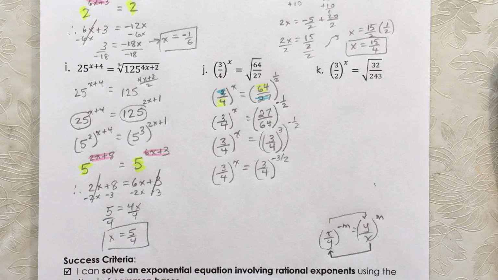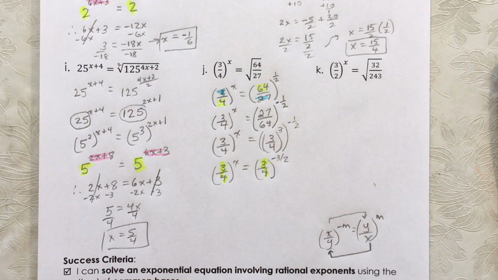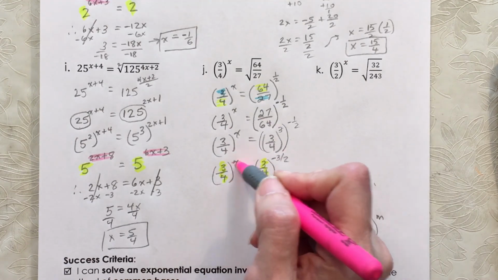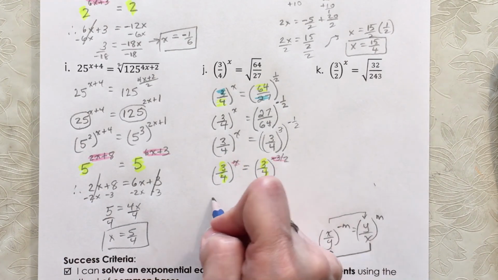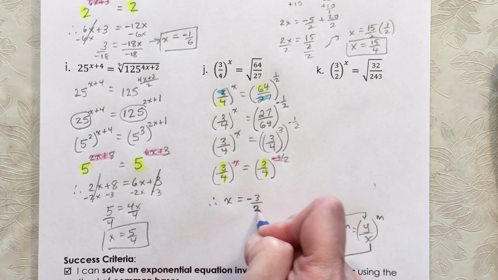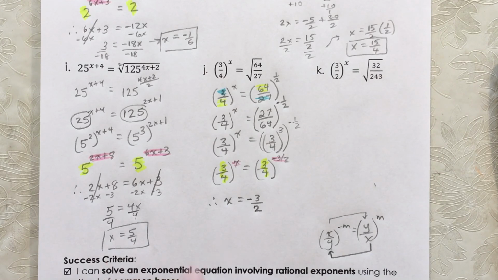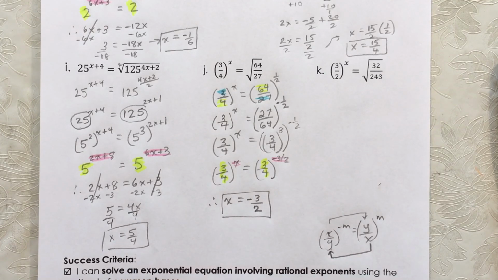And now we've got the same base on both sides, which means that our exponents have to be equal. So therefore, x has got to be negative 3/2. Bases are the same, exponents have to be the same, and that already is solving for x, so that's our answer.